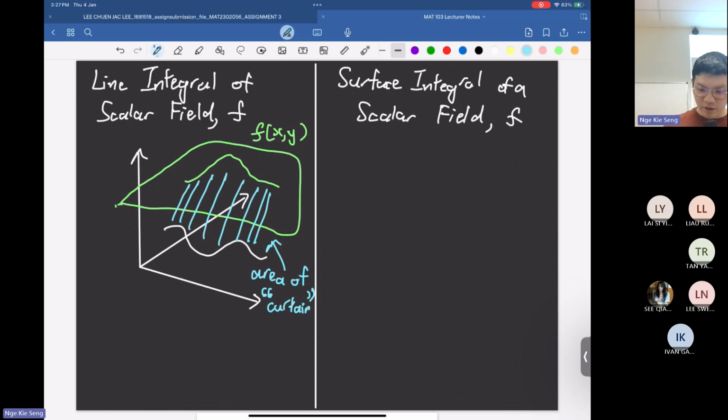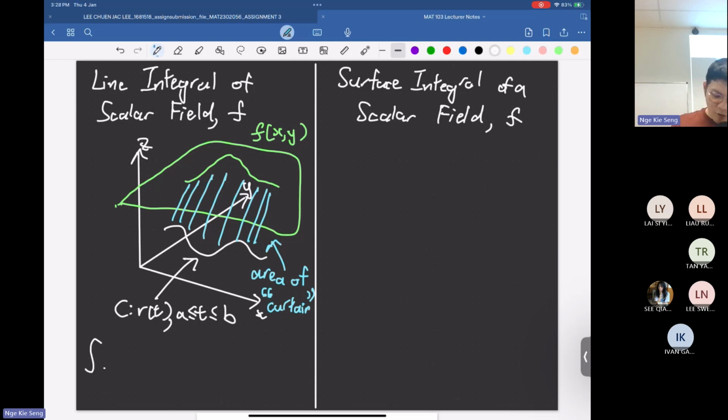So to do this, we need to parameterize our curve, call it r(t), and then we have some finite domain for t, from a to b. So what's this line integral here?